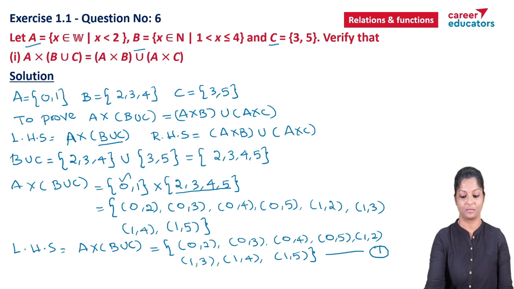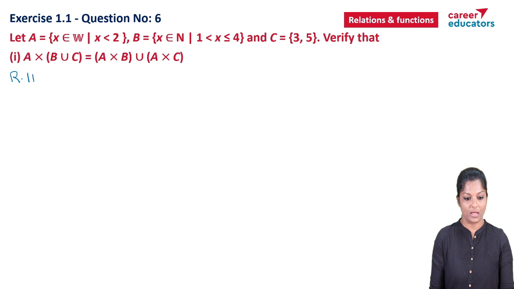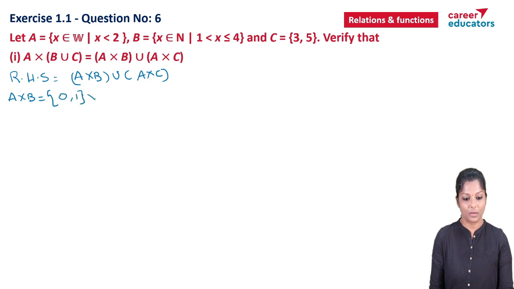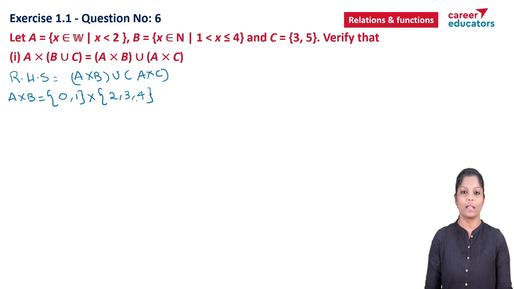Next, we have to find RHS. RHS equal to A cross B union A cross C. To find RHS, we have to find A cross B and A cross C. Then we have to combine all the elements of A cross B and A cross C. A cross B equal to, write all the elements of A cross, write all the elements of B. To find A cross B, we have to pair each element of A with each element of B. We take the first element of A and pair with all the elements of B. We will get (0,2), (0,3), (0,4).